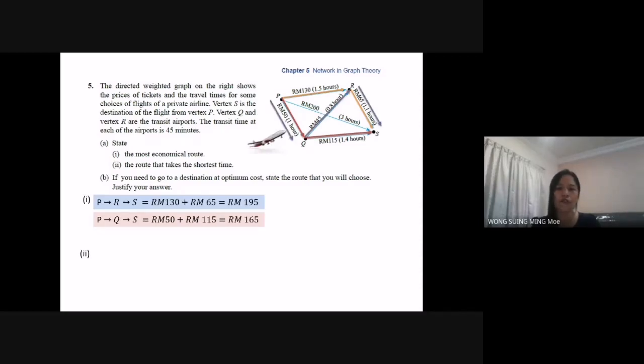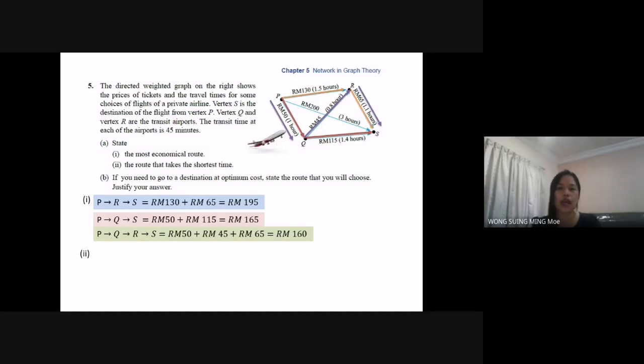And we also have the route like this, the purple color: P to Q, then Q to R, R to S. From P to Q, 50 ringgit, after that Q to R, 45, and R to S, 65. Total is 160.